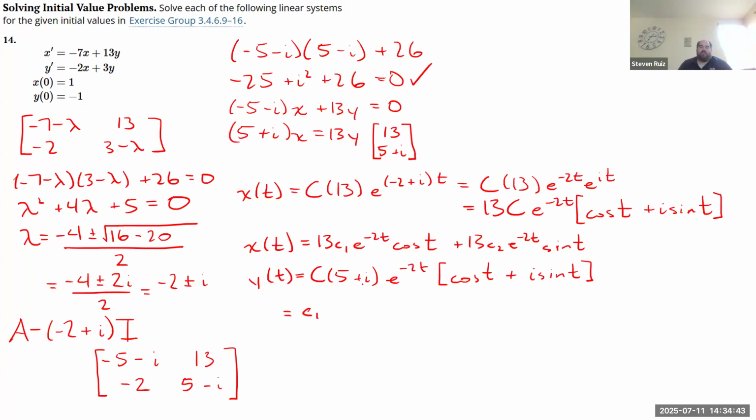So C1 times the real part. That'll be 5 cosine, nope, there's also an exponential.